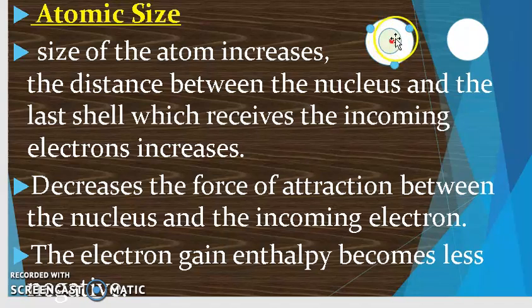Here I have marked the nucleus in red color, and the electron in blue color. You can see there is more distance from the nucleus to the last shell that receives the incoming electron. So once the size of the atom increases, the distance between the nucleus and the last shell which receives the incoming electron also increases.